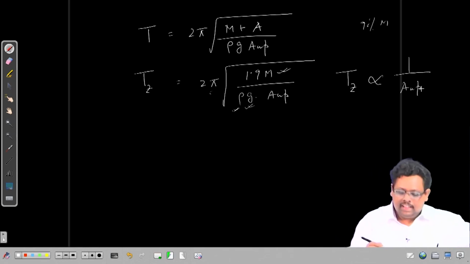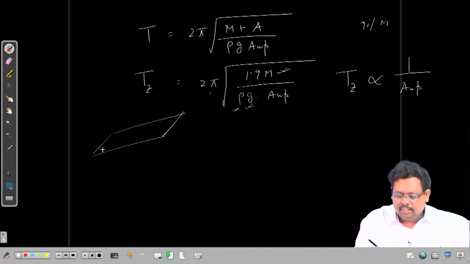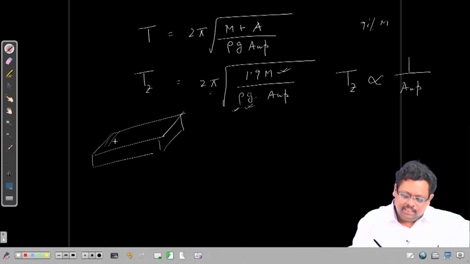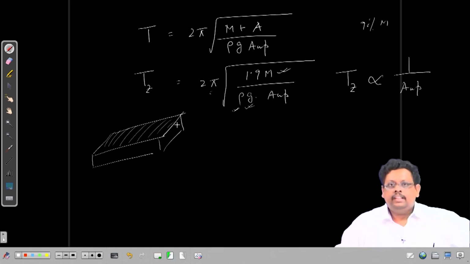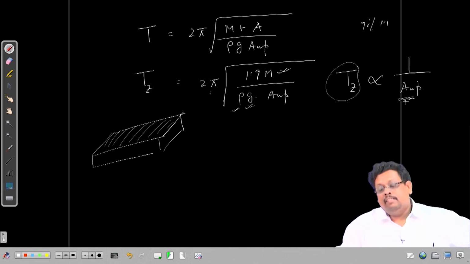That means, if I look from the top, at the top part of the ship or the barge, if you increase the area of the barge, then your natural time period decreases. If you decrease it, the natural time period will increase, and if you increase the water plane area, your natural time period will decrease.